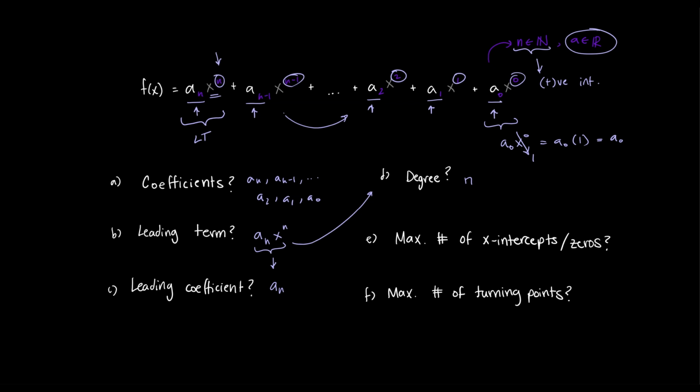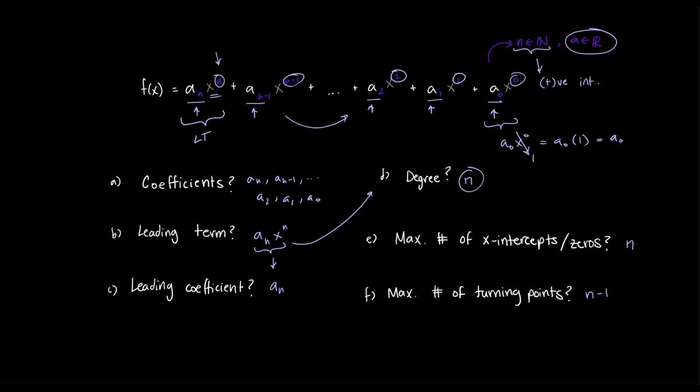Additionally, a good rule of thumb is that for any polynomial of degree n, the maximum number of x-intercepts or zeros that it can have is n. So at most, it can have n x-intercepts or zeros. It can have fewer than n, but the maximum number is n. In addition to that, it can have at most n minus 1 turning points.